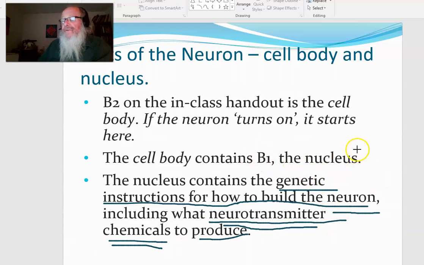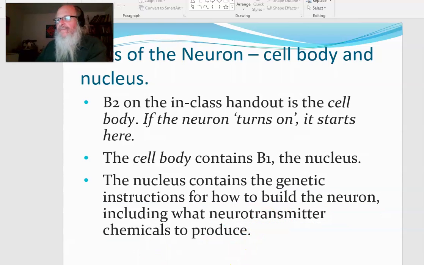And part of the genetic information in the nucleus is, okay, you particular neuron, you're going to build one specific chemical key.